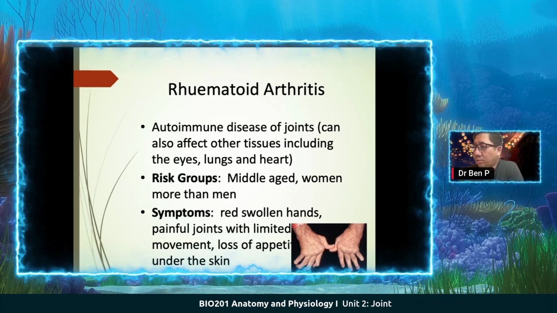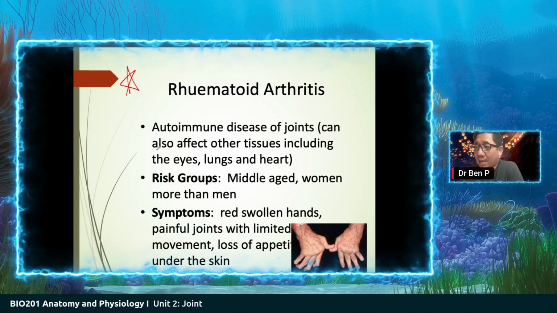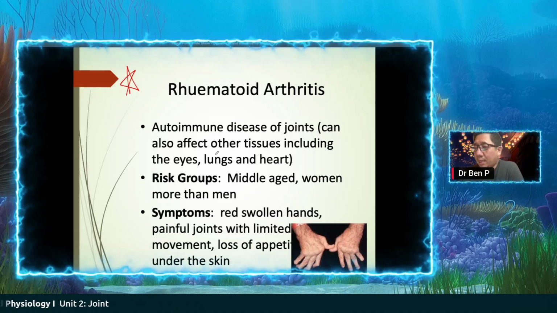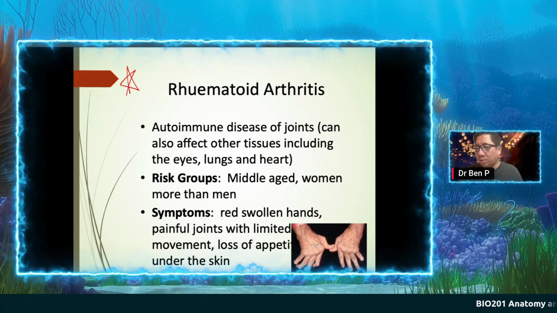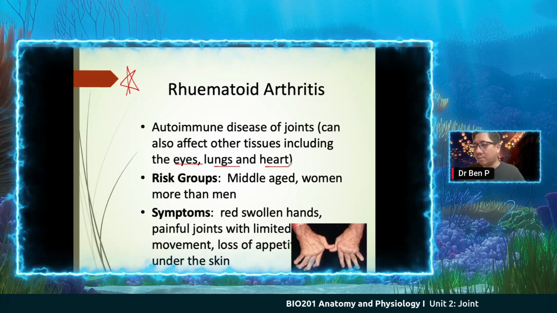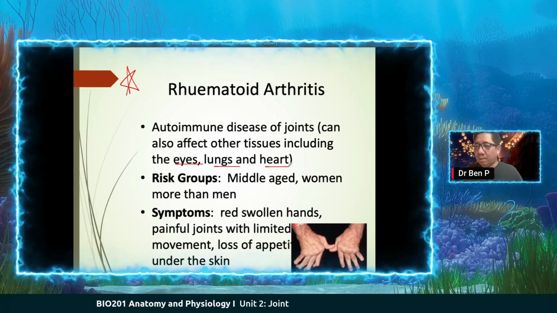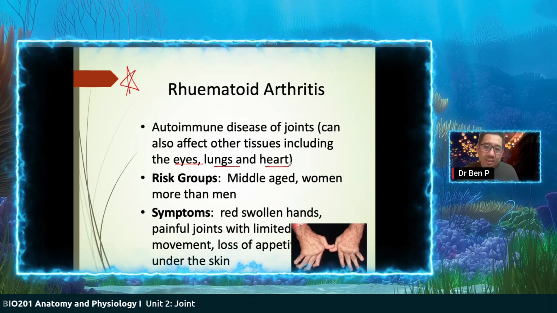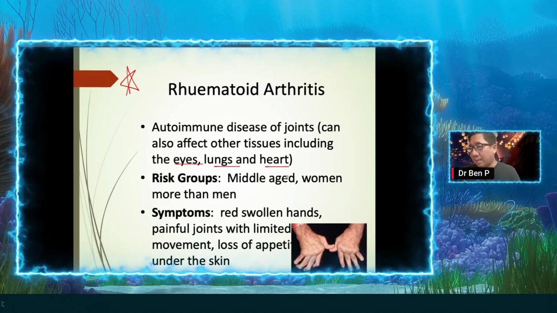Another disease you should know is rheumatoid arthritis. This is an autoimmune disease, usually happening in women. It affects more than just the joints; it can affect your eyes, your lungs, and your heart as well. Autoimmune means that your immune system starts attacking your own body, caused by inflammation, and it tends to come on later in life.